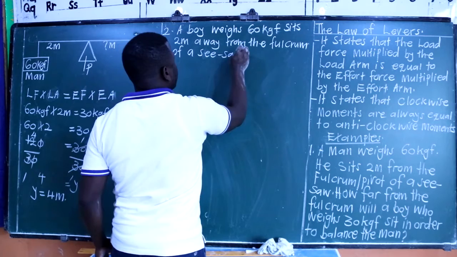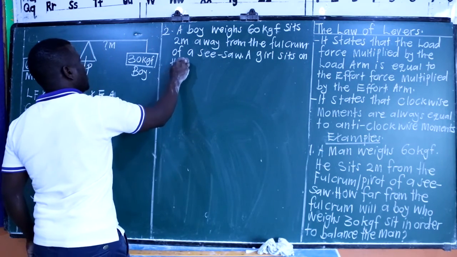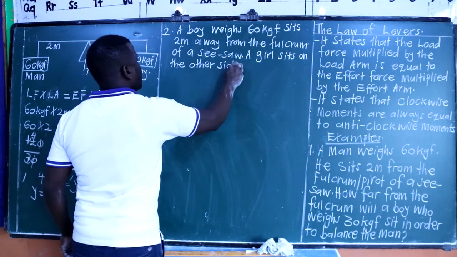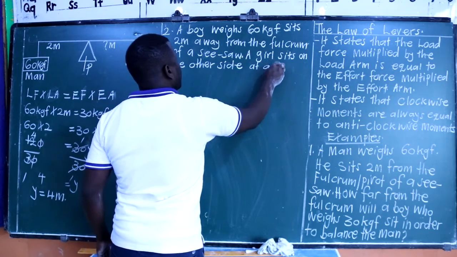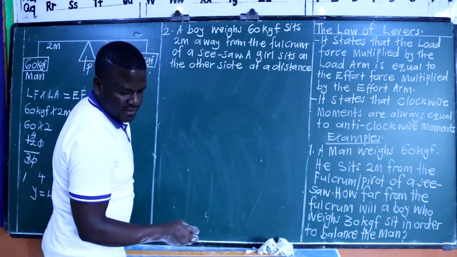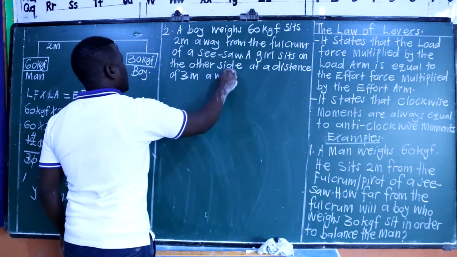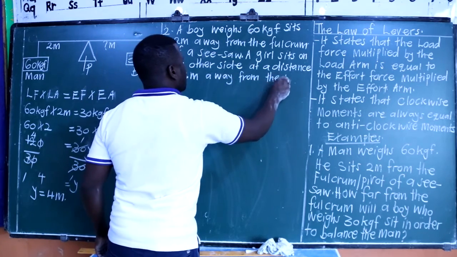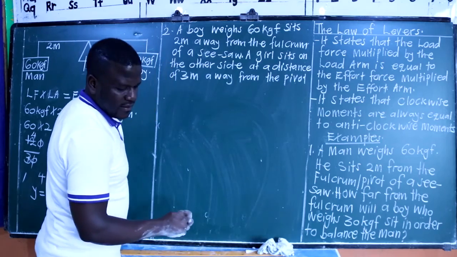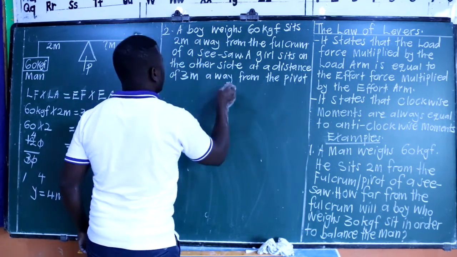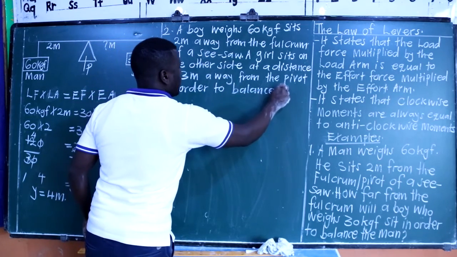A girl sits on the other side at a distance of 3 meters away from the pivot, or fulcrum, in order to balance the seesaw.